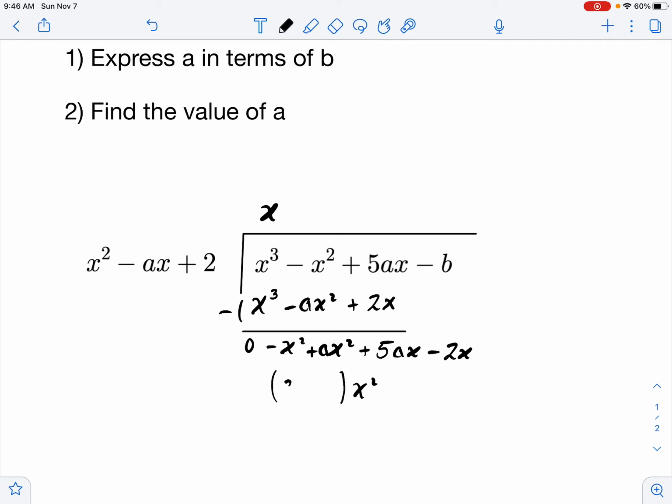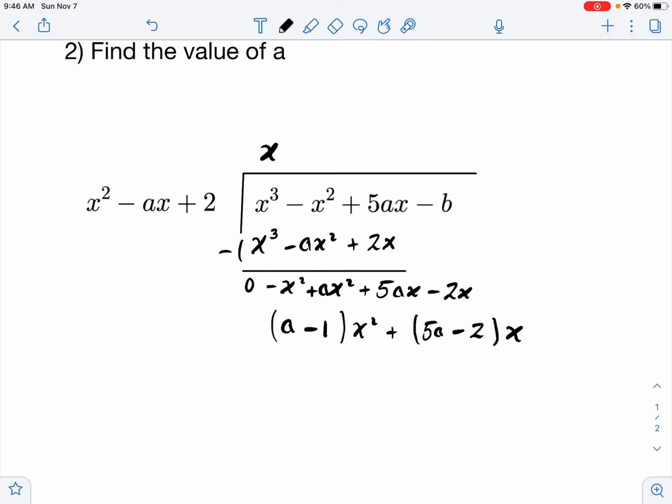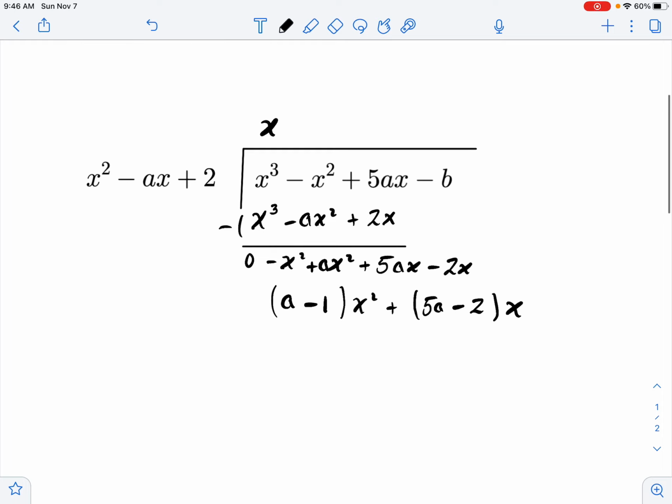So I'm left with a minus 1 x squared, plus, factoring x out of 5ax, I'm left with 5a, and factoring x out of minus 2x, I'm left with minus 2. And there we go. Those are my coefficients: a minus 1 on my x squared term, and 5a minus 2 on my x term.